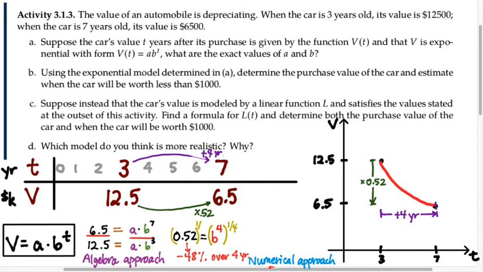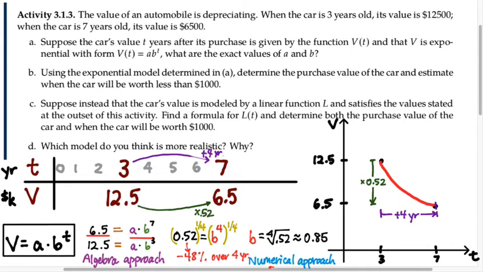Exactly. Most calculators don't have a 1/4 root button, but they do have an exponent button that lets us raise 0.52 to the power 1/4 and then solve for b. It's the fourth root of 0.52. And what is that approximately? 0.849. Let's call it 0.85.